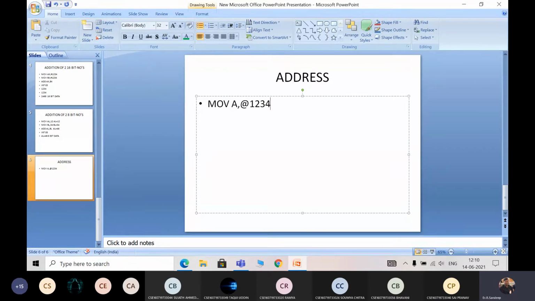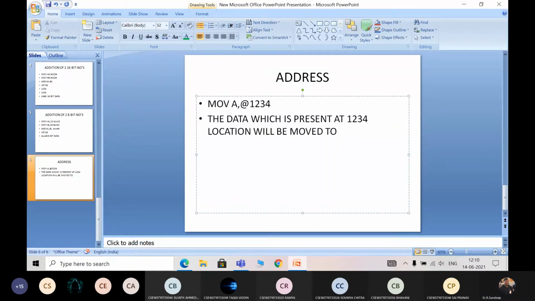So now the meaning of this one is the data which is present at 1, 2, 3, 4 location will be moved to the AX register. This is the meaning. The data which is present at that location.